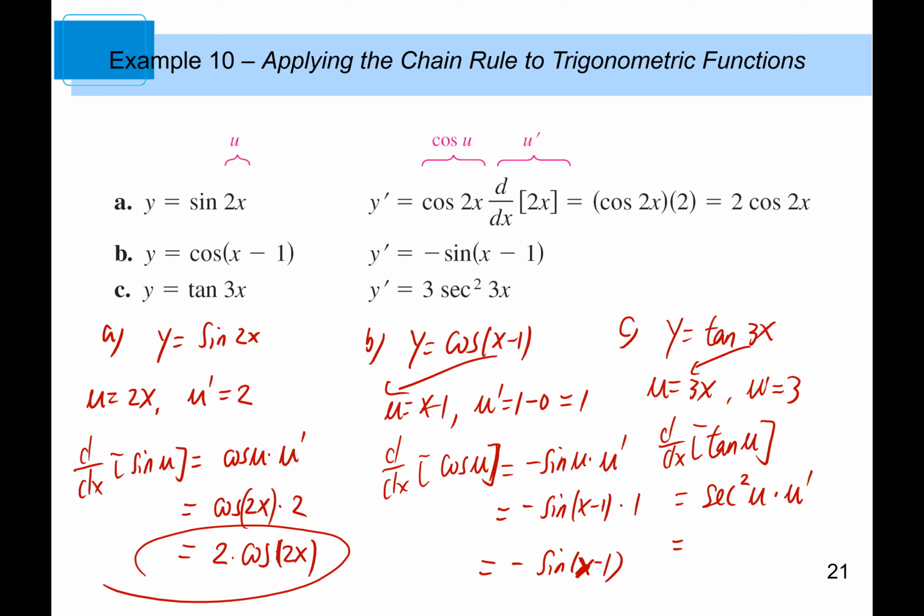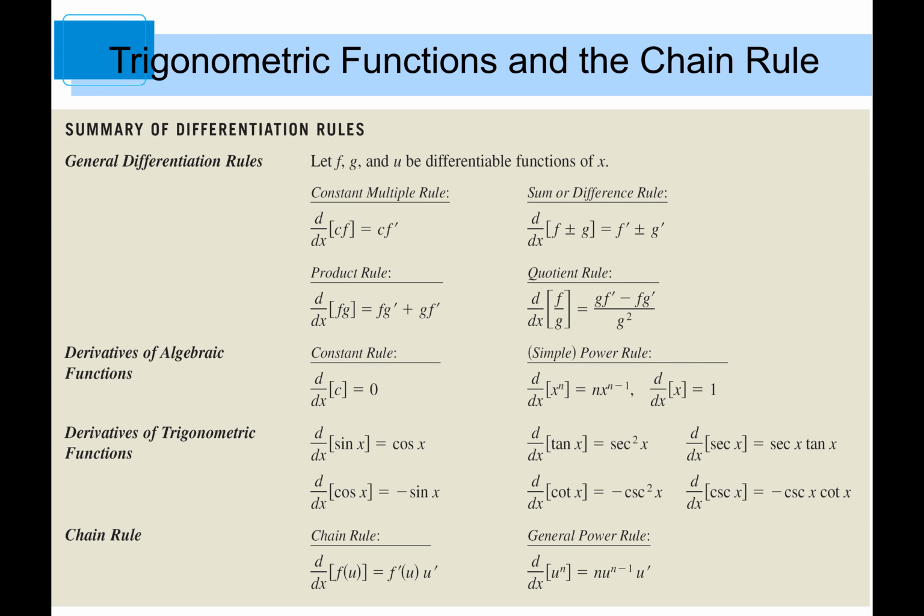I'll just replace u and u prime with the given expression. So secant 3x squared times 3. So it becomes 3 times secant 3x squared. Okay, so that's going to be the final answer.